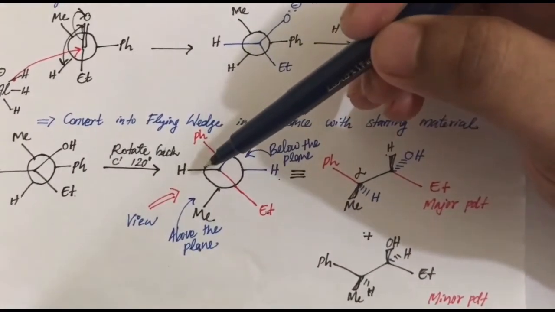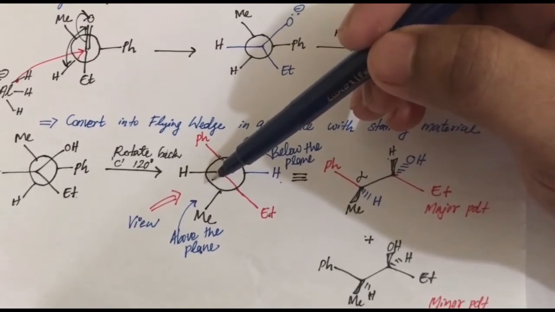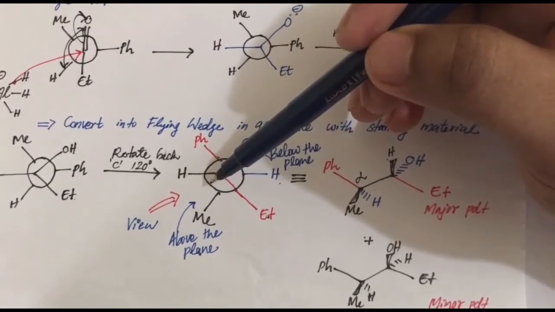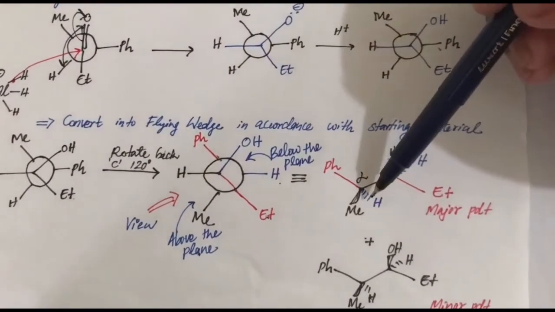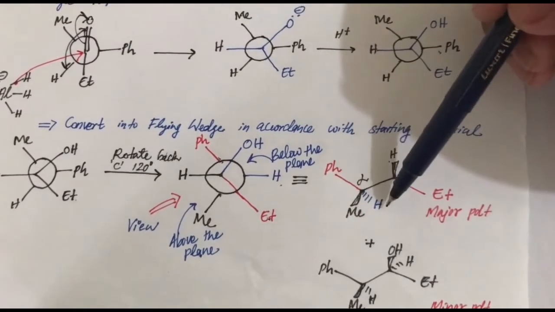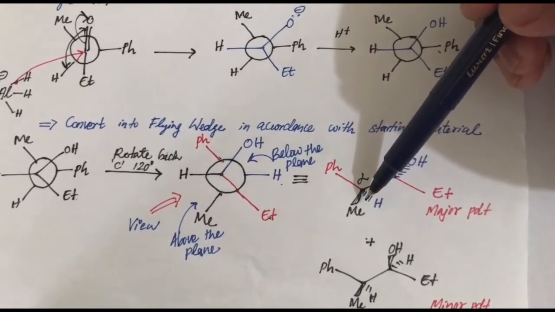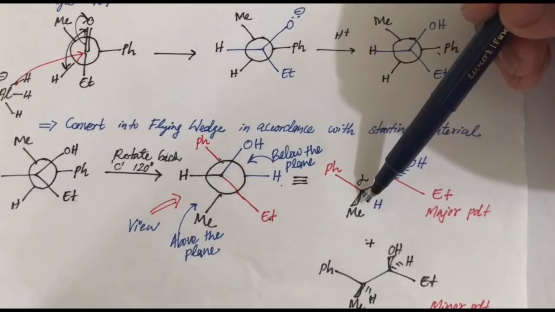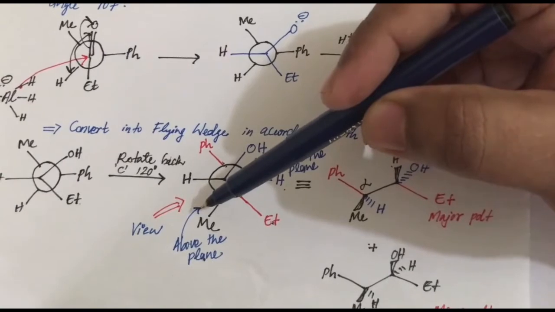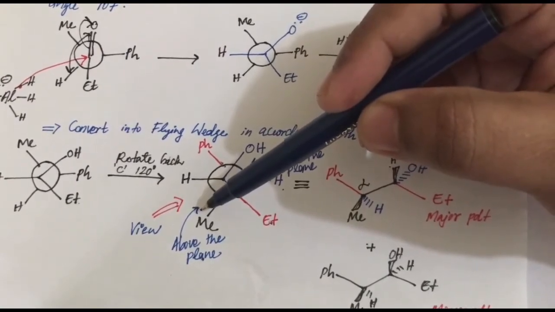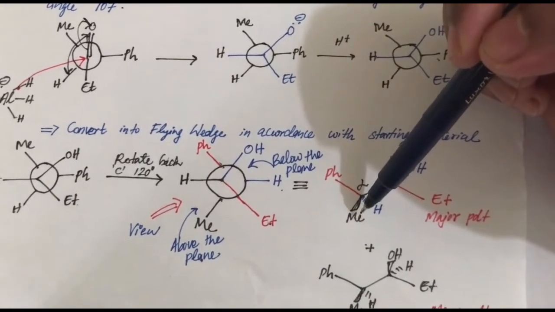Okay. Now another procedure is that whatever species are present on the alpha carbon, we want to retain their stereochemistry in the product also. That is very important. We know that in the starting material Me is wedge, H is dash, and that should be reflected in the product. Me wedge means they are above the plane.